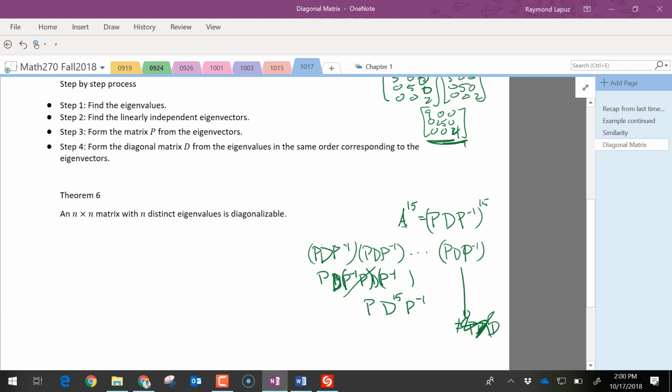All right, so we didn't get to diagonalize a matrix. Boy, that took longer than it should have. Yeah, we could do that next time. All right, so next time we'll do this. You know what?